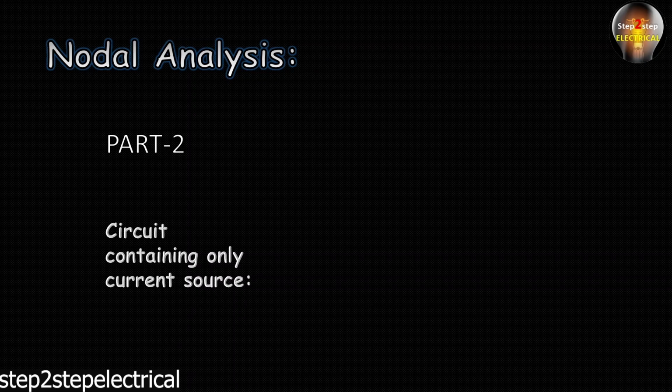As we have discussed earlier, there are 4 types of circuits that we have to solve in nodal analysis, and the very first type is the circuit containing only current sources.